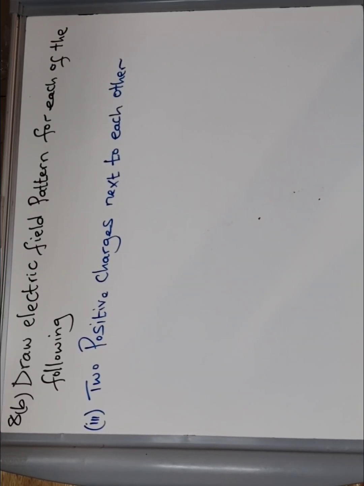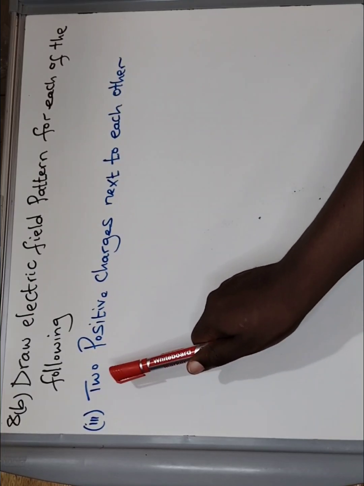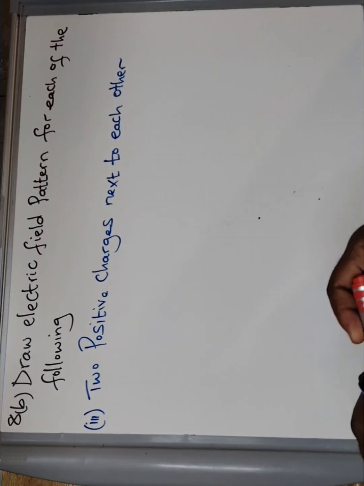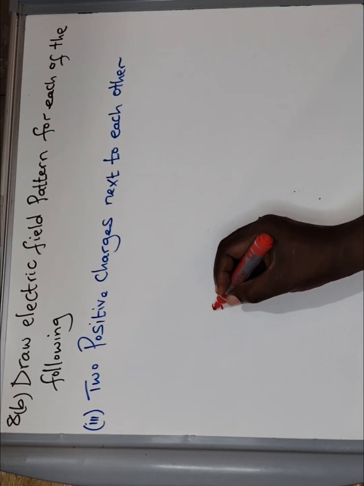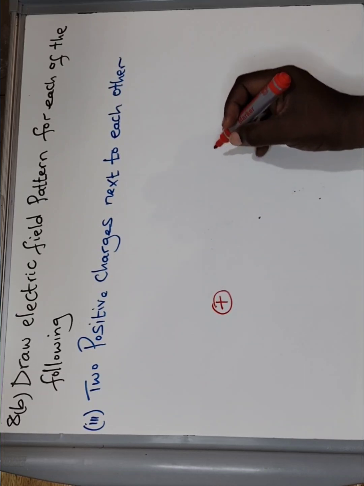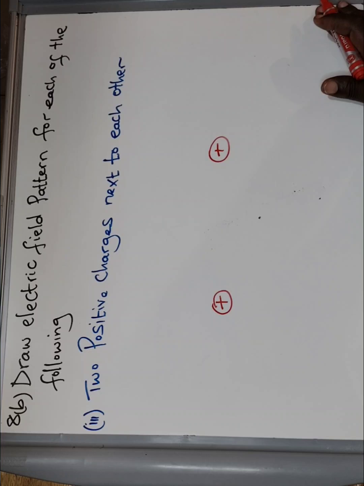So then comes this question, electric field pattern for two positive charges next to each other. So how does this pattern look like? You have a positive charge here, and the neighboring one is also positive.